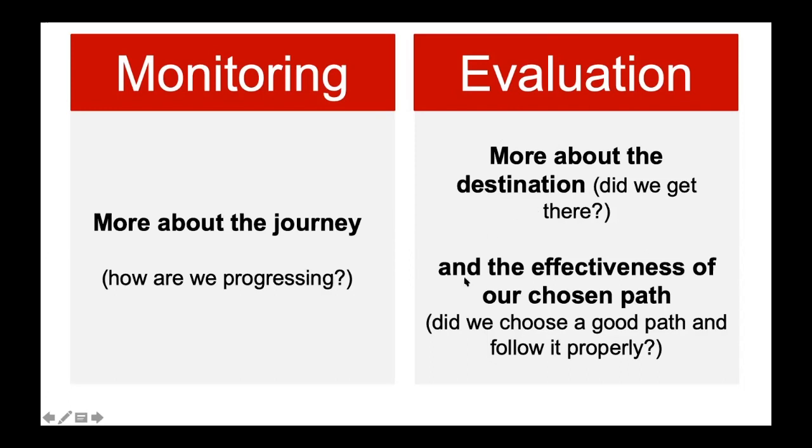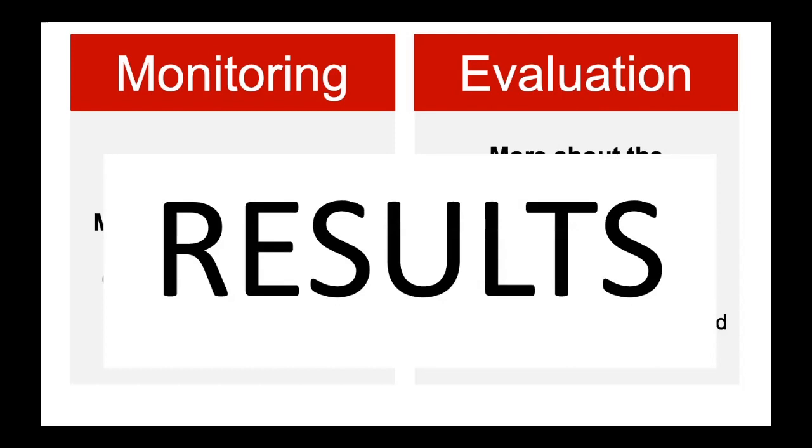More about the destination and the effectiveness of our chosen path. So review also our goals and objectives. Are they SMART? Because we'll be monitoring and evaluating, we'll look into your set goals and objectives. So it's all about results.